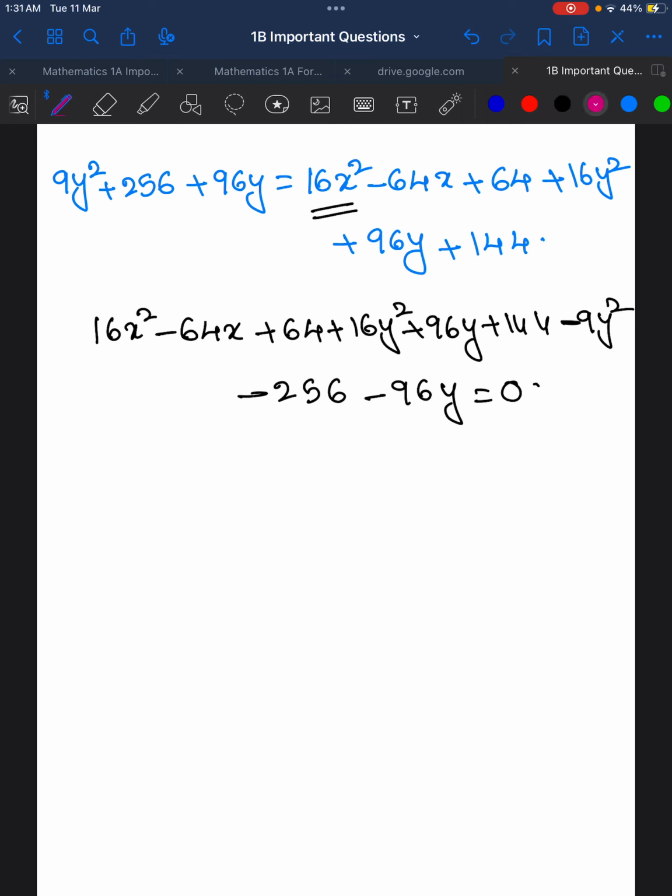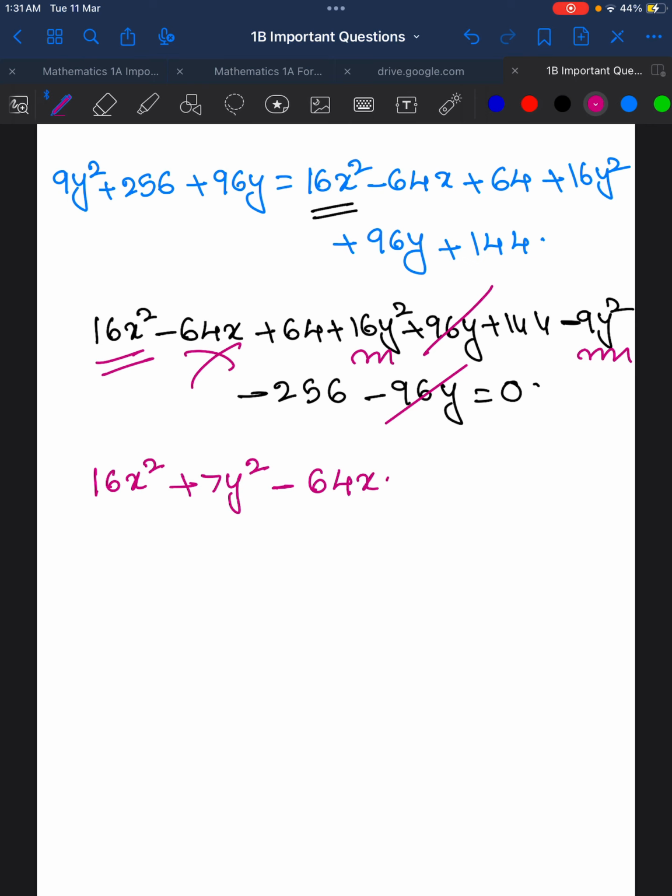What can I cancel? Carefully, plus 96y and minus 96y. So 16x square, only a single term is there. 16 minus 9 will be 7y square, plus 7y square minus 64x.